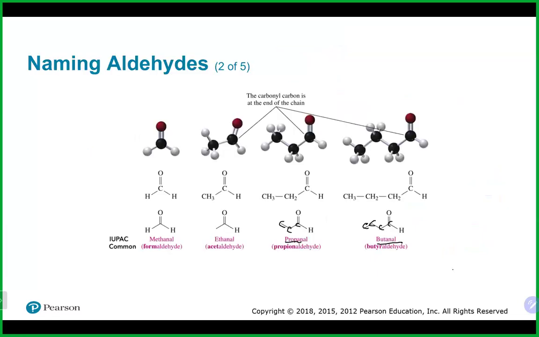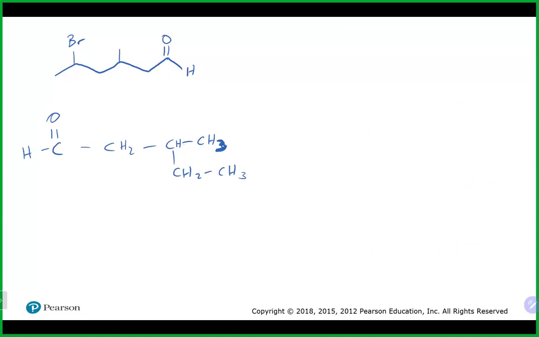For our aldehydes here, let's take a look at some. Let's just draw some. Okay, let's take a look.